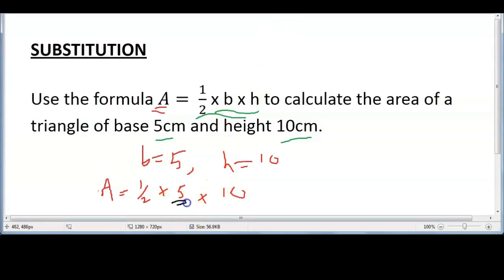Five replaces b. Then 10 replaces h. That's 25 cm.